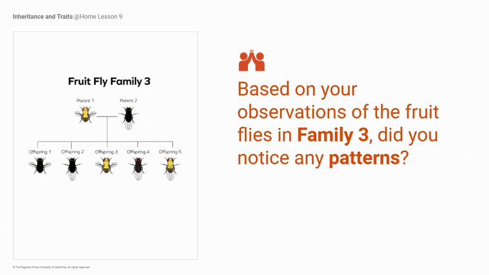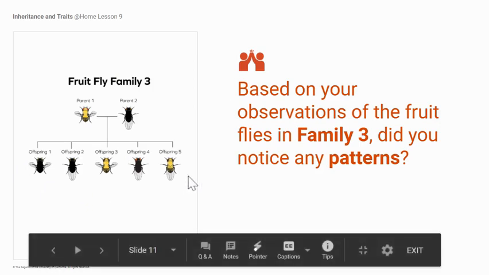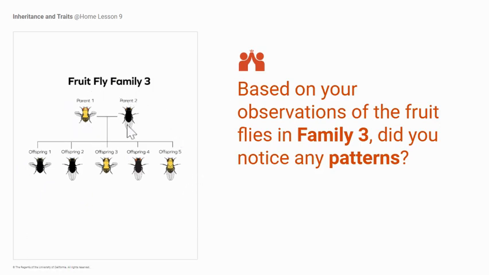Finally, let's do that for fruit fly family 3. As I look at fruit fly family 3, I'm looking again at the parents and the offspring, and here I can certainly notice that there's more black in this picture than there were in the other 2, including full bodies. But I want to really think again about the patterns that relate these offspring and how they relate back to parents 1 and 2 in this family.